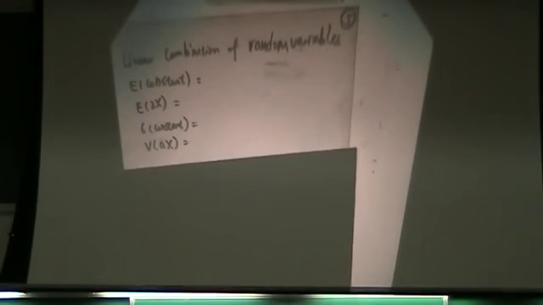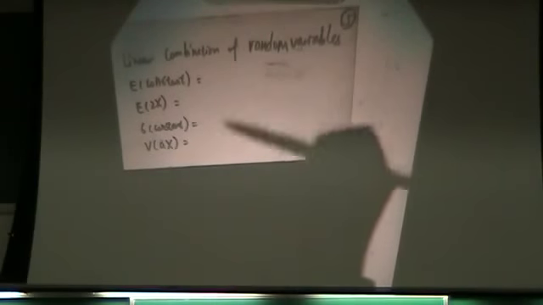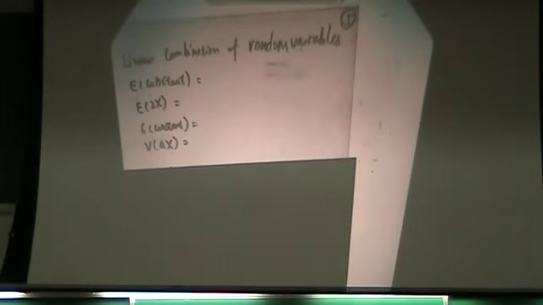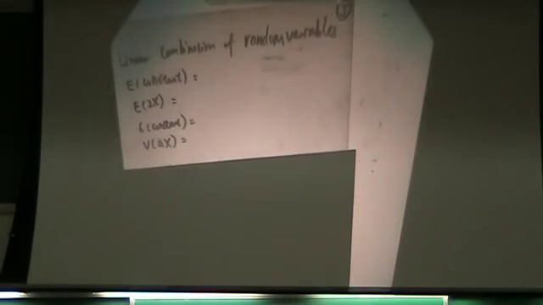Let's go to the last topic. It's about a linear combination of random variables. The first case, the formula I gave here, there are 4 basic things you have to remember.